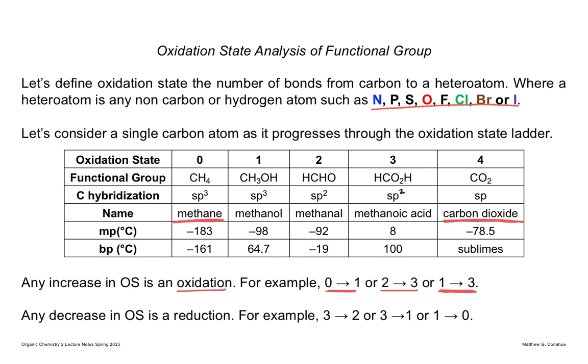So a decrease is reduction. So 3 going to 2, 3 going to 1, 1 going to 0, anything like that where it's decreasing in number. Any questions on just figuring out oxidation state?